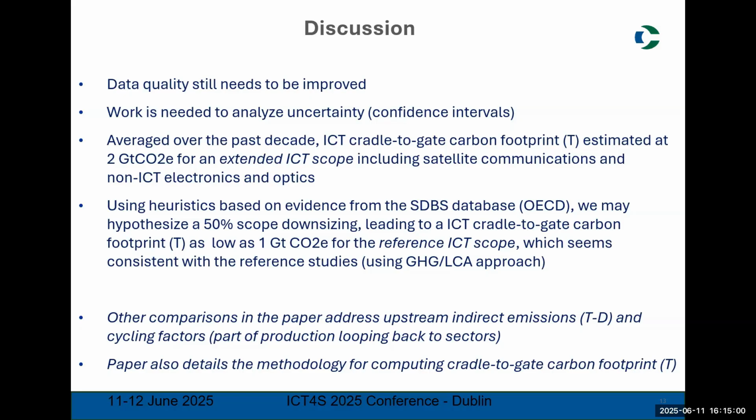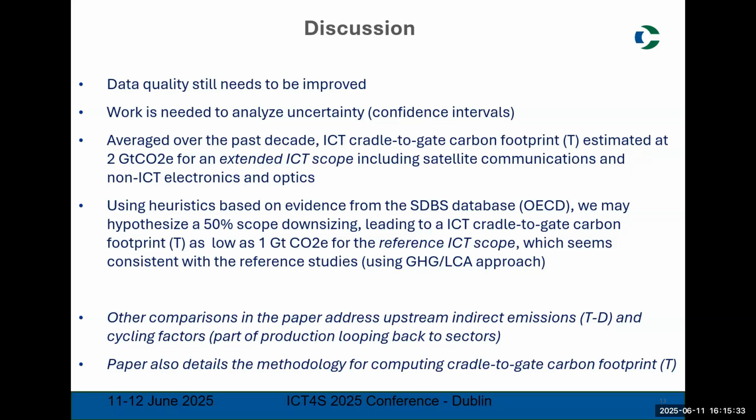To come back to the main results of the paper, we estimated the ICT footprint at 2 gigatons of CO2 equivalent, which is an extended assessment given that the FIGARO aggregates include non-ICT subsectors, strictly speaking. The share of non-ICT subsectors in the total aggregate is about half in terms of value added, if we look at the OECD structural business statistics data.